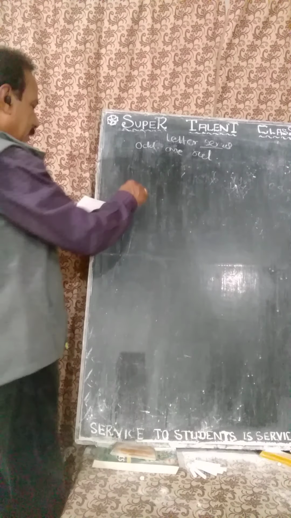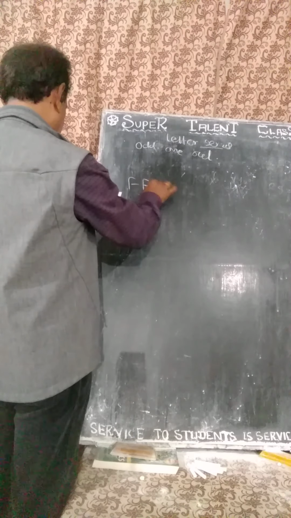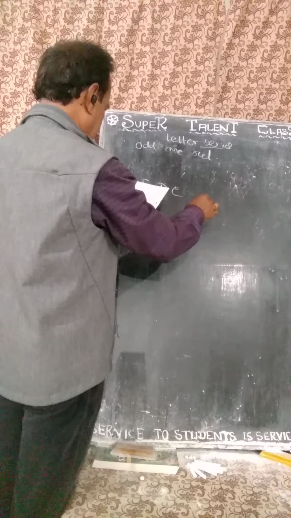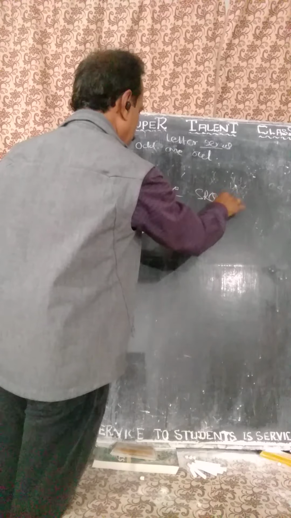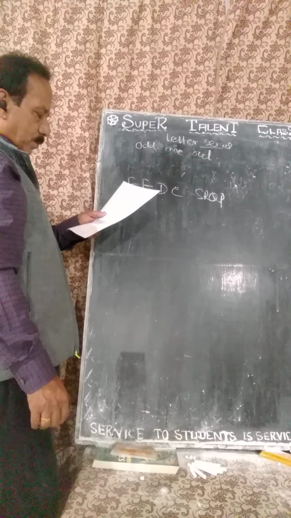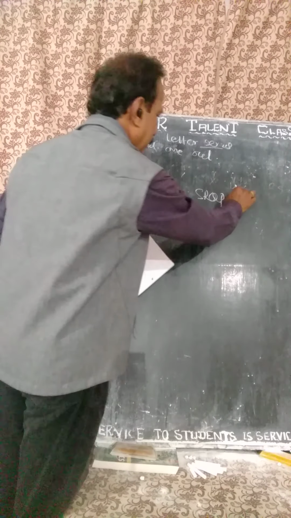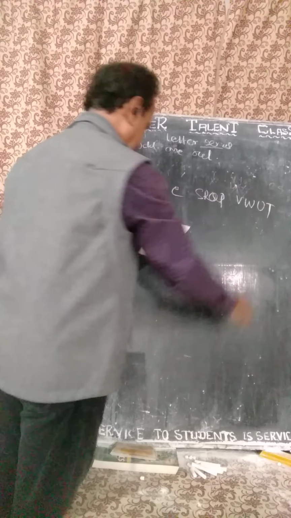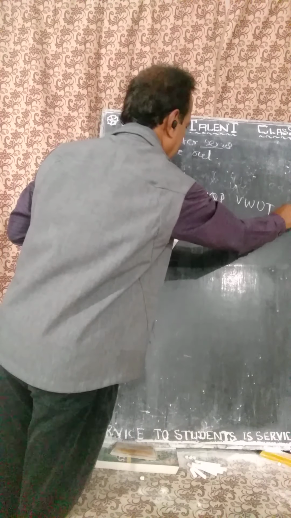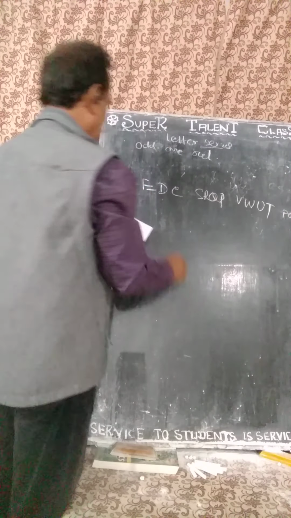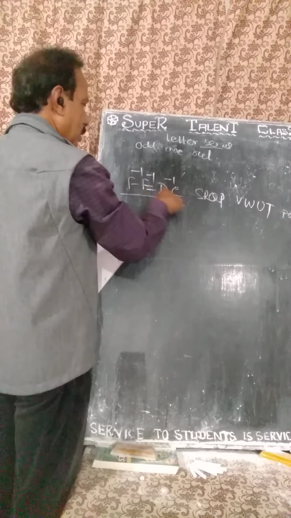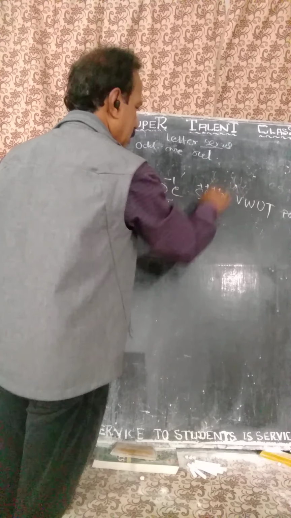Suppose F, E, D, C. S, R, Q, P. S, R, Q, P. Then W, V, W, T. U, V, W, T. Then P, O, N, M. F, E, D, C. You see, minus 1, minus 1, minus 1.